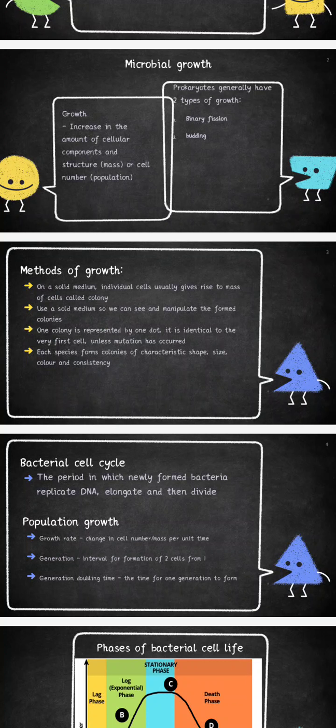Next, the bacterial cell cycle. The bacterial cell cycle is the period in which newly formed bacteria replicate DNA, elongate, and then divide. First the bacteria will replicate DNA, then they will elongate, and after that they will divide.